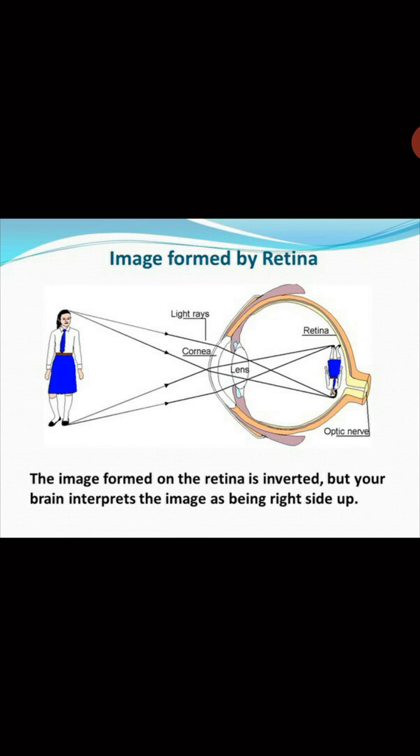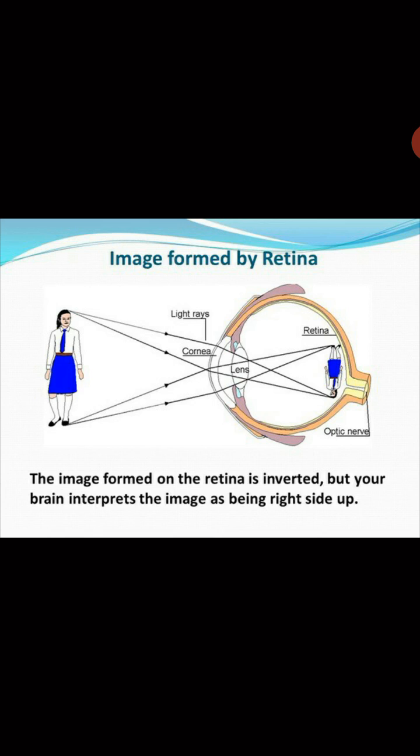The inner part of the eye is called the retina, so it's formed over there. When the image is formed behind the lens, on the retina, we get an inverted image.